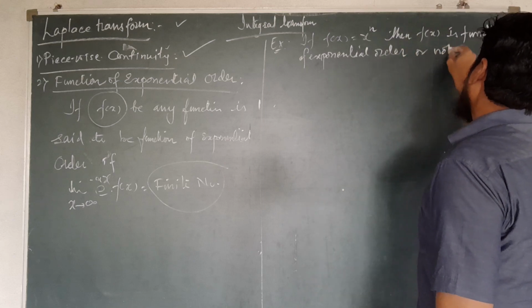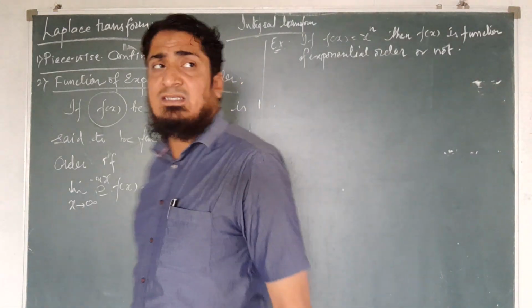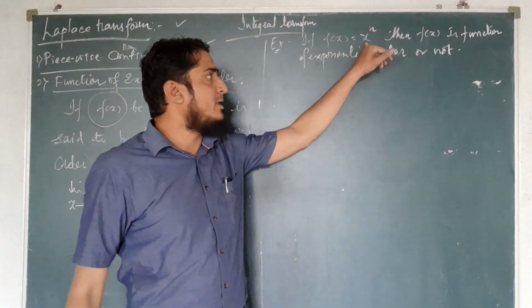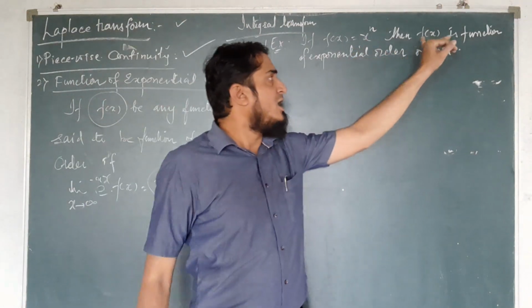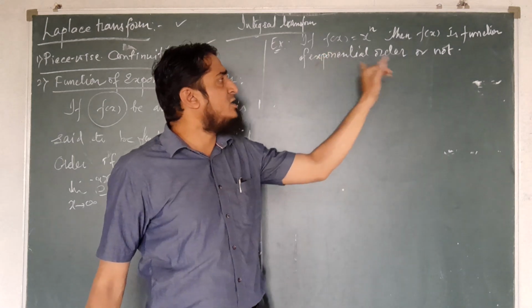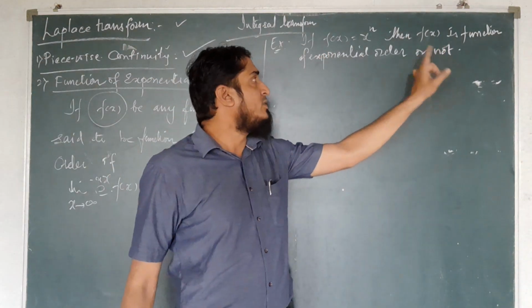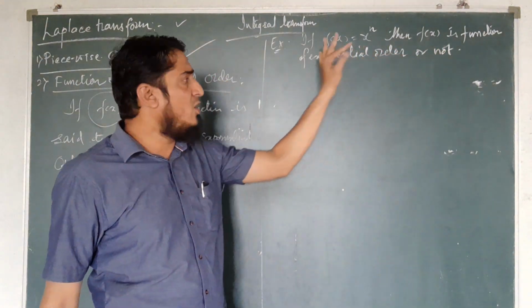We have a function f of x equals x raised to n, and they are asking us whether f of x is a function of exponential order or not. We have to prove whether the function is of exponential order or not.